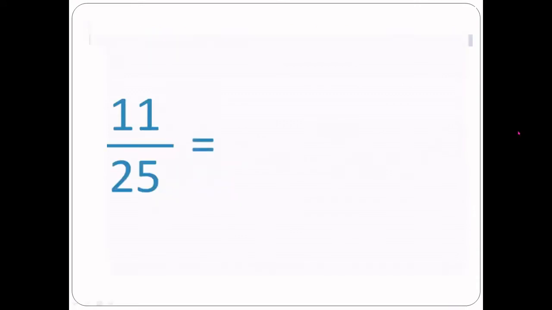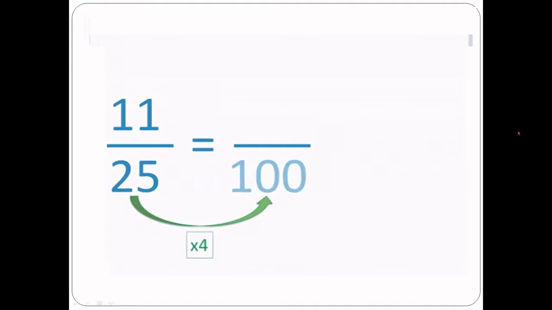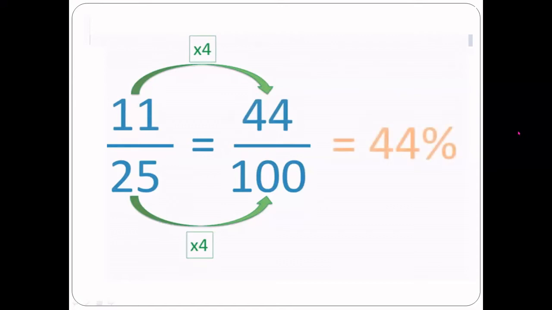Look at this example, 11 over 25. Here numerator is 11, denominator is 25. Denominator is not 100 in this example. So you have to write equivalent fractions to convert that into denominator 100. How do we do that?